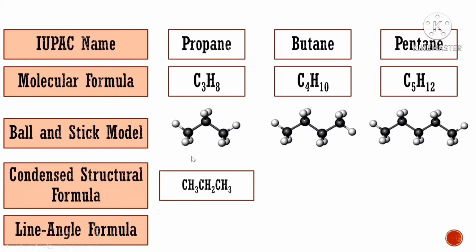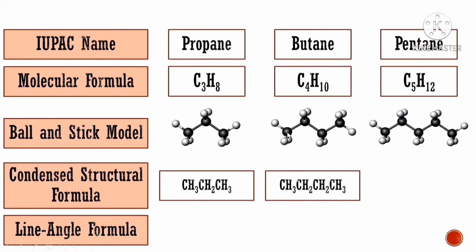For propane, this carbon atom here has 3 hydrogen atoms attached to it, so we write CH3. This carbon atom has 2 hydrogens attached to it, so we have CH2. And this carbon atom also has 3 hydrogens attached to it, so we have CH3.